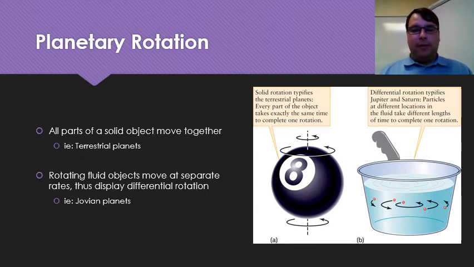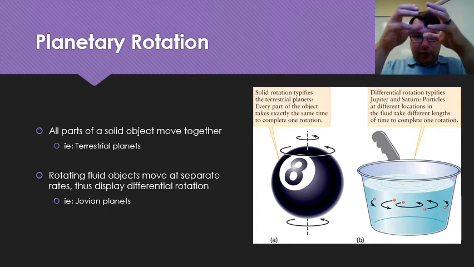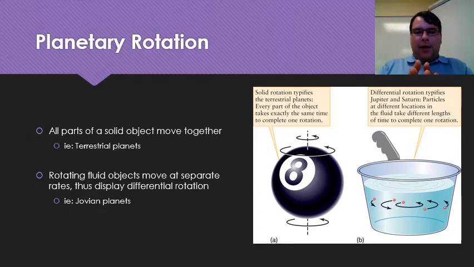Okay, so how do you relate to that? Well, think about water for a moment. If you have a cup of water, a pot of water, whatever, or coffee, if you put a spoon into it and you start stirring, towards the center, you're actually going to have very fast motion where that spoon is creating essentially a vortex. And then as you're looking outwards, you're seeing slower motion and you're seeing different motion.